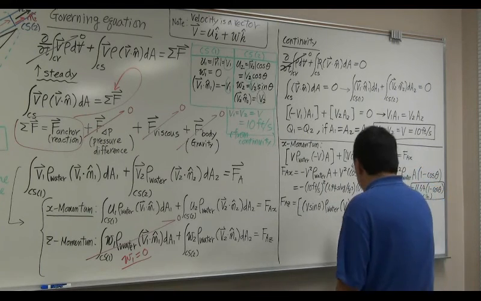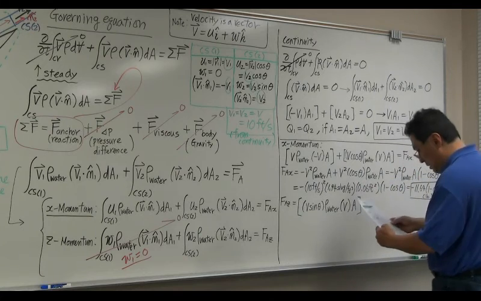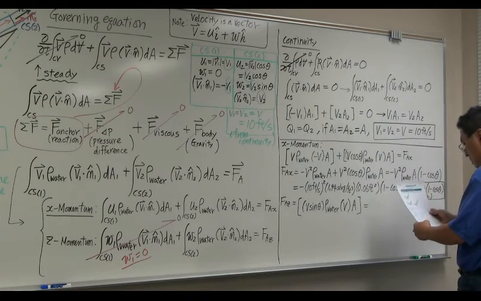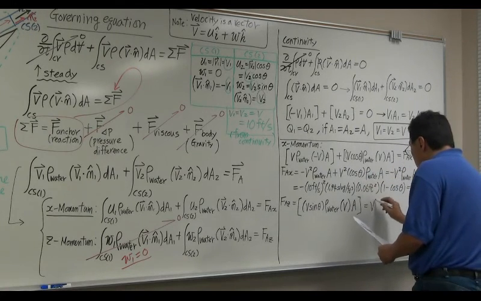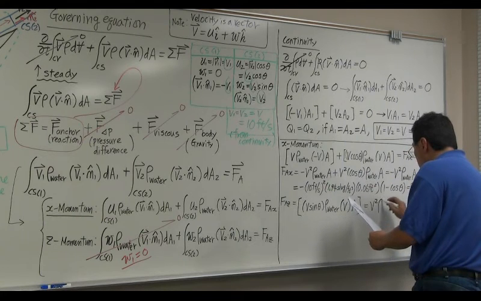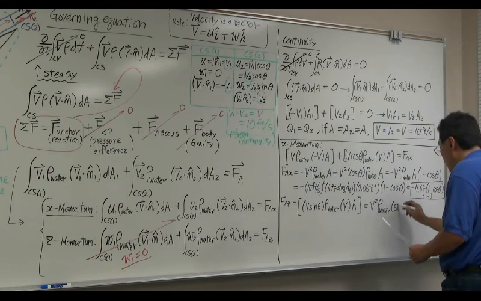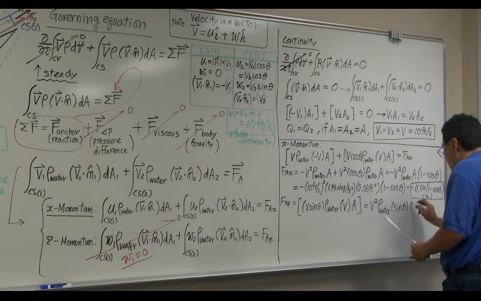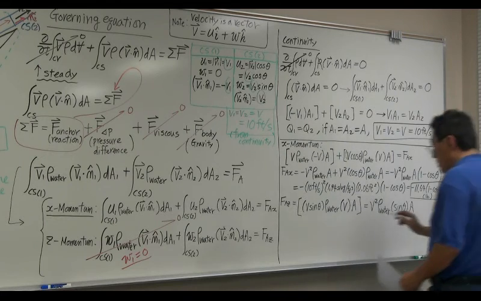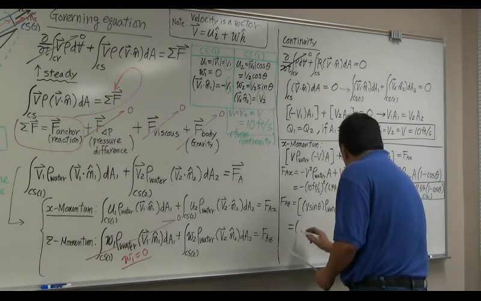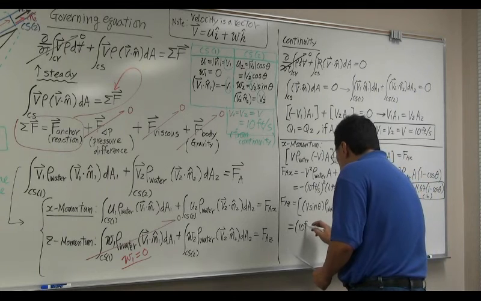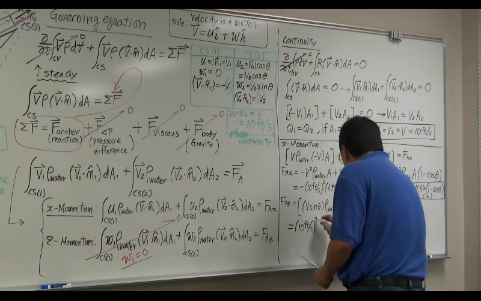So FAZ is B squared rho water sine theta times A. So let's just plug in 10 feet per second squared.